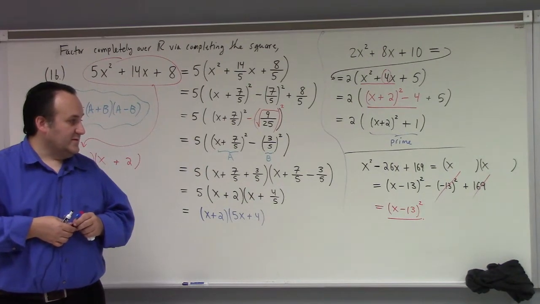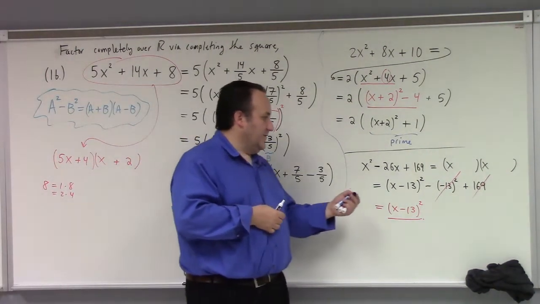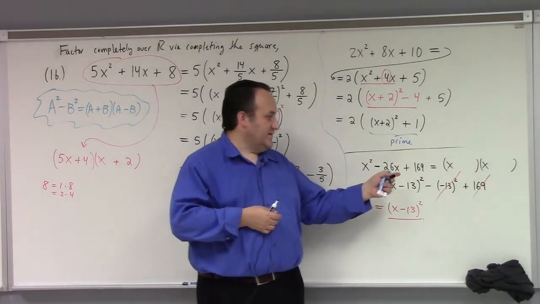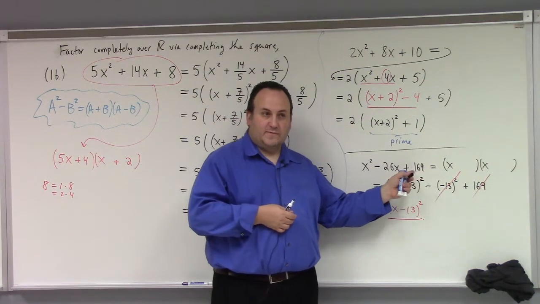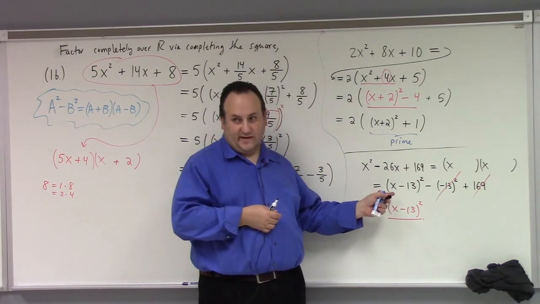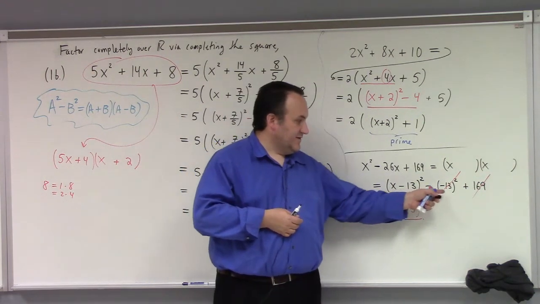I guess that's the difference between factoring and completing the square. If you're factoring, what makes it slightly harder is you'd have to understand that 169 is 13 squared. With completing the square on this problem, you don't have to understand that because it's an algorithm. You subtract the square of this.